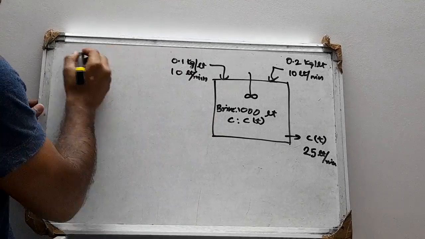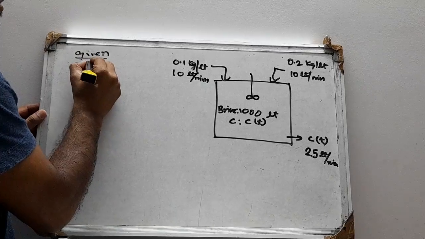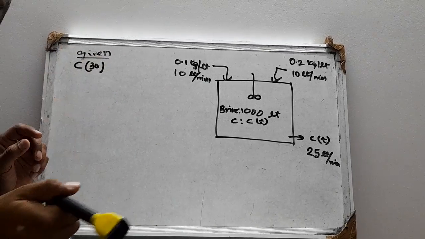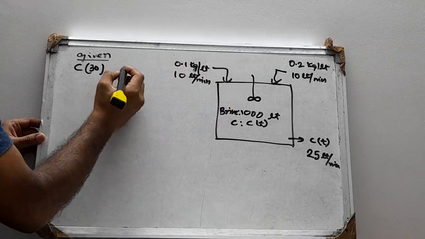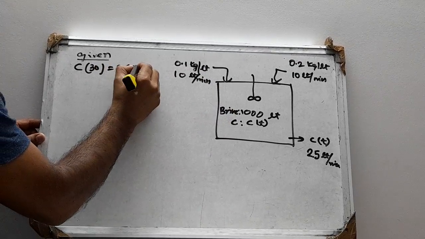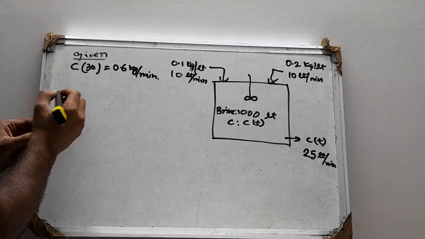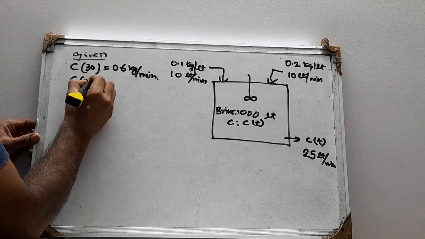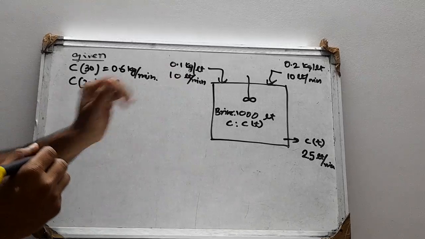It is given that C(30), the concentration at 30 minutes after this started, is equal to 0.6 kg per liter. And we need to find the concentration at 20 minutes after this process has started.